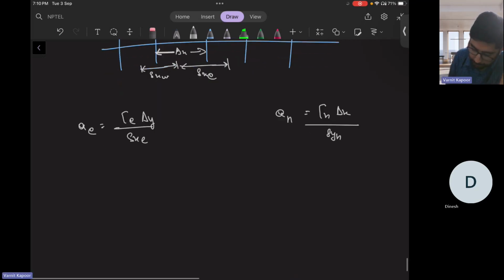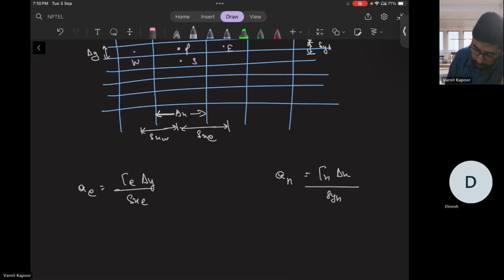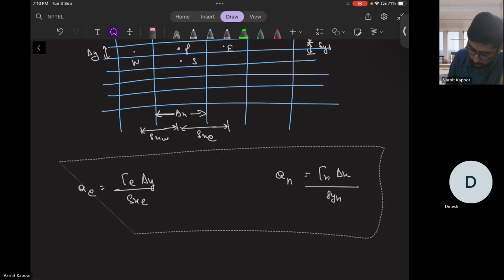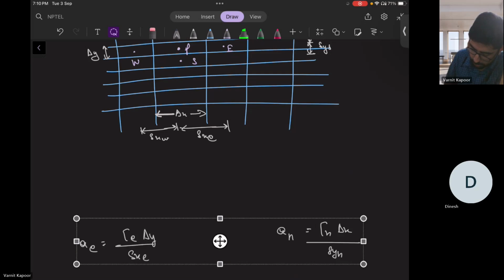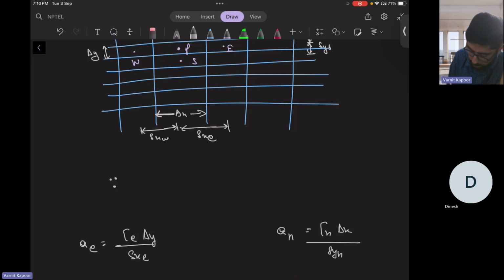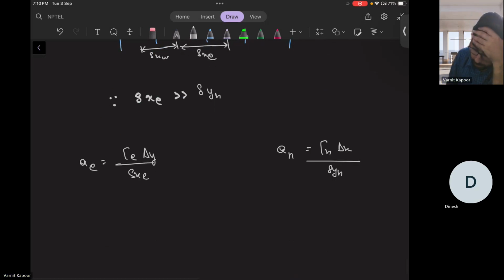So we know that since del X E is much larger than del Y north, this will be smaller and this will be a higher value.